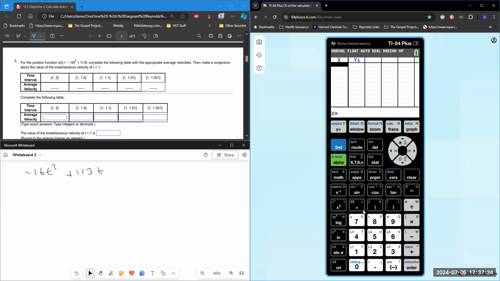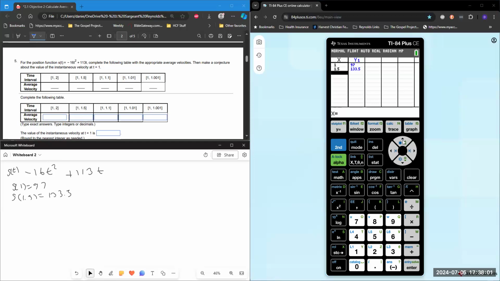All right, so 1 is going to be 97. So S of t, S of 1 is 97. S of 1.5 is 133.5.